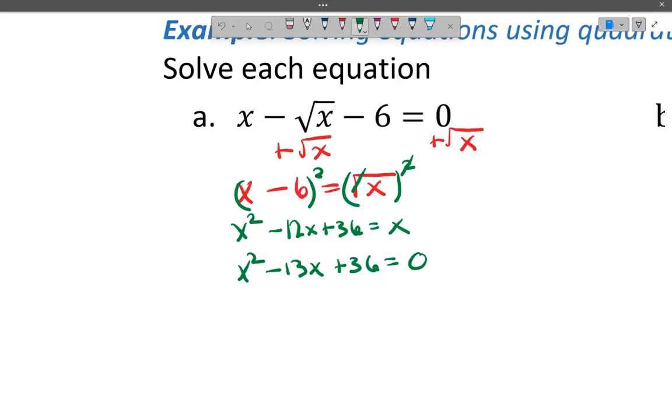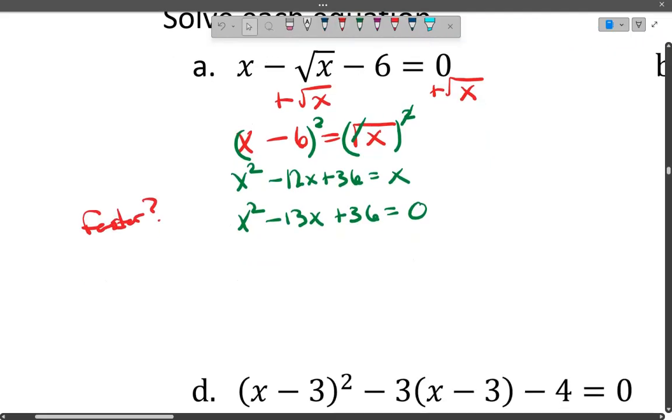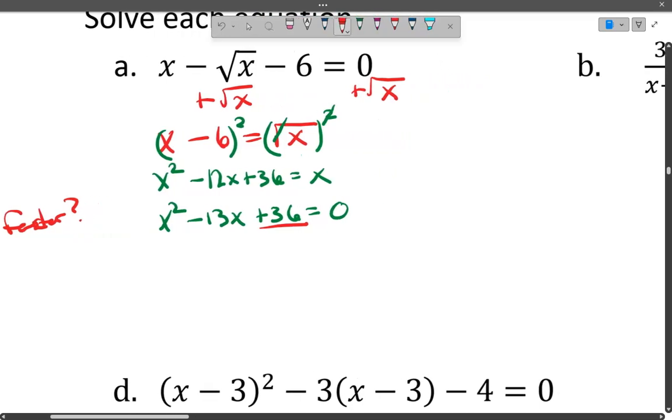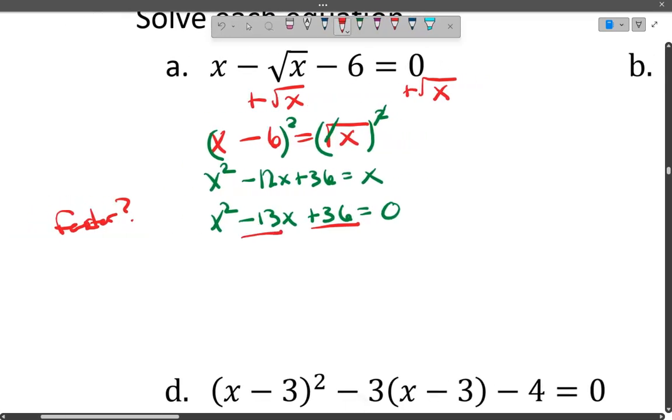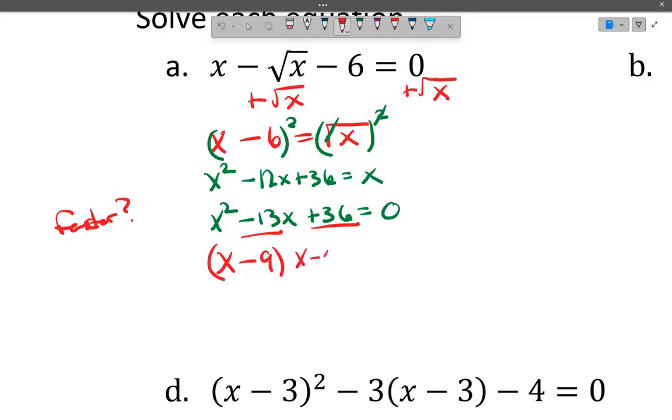Now that we're in standard form, we want to ask ourselves first and foremost, can we factor it? And yes, we can factor it because a product of 36 and a sum of negative 13 would be 9 and 4. So we can factor this to x minus 9 and x minus 4. Zero factor property, set these factors equal to 0, and then we solve, leaving us with x equals 9 and x equals 4.